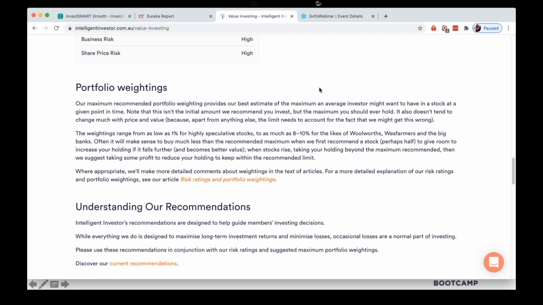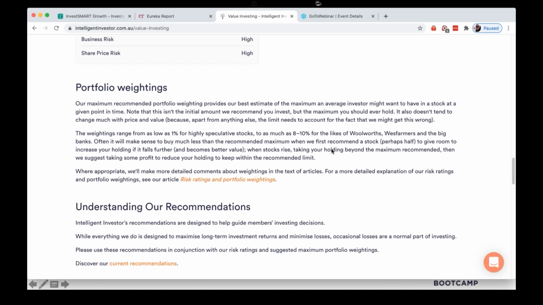So if you're someone perhaps who has a portfolio split up across different kinds of investments, you may want to rejig it, and you may want to halve it, for example. I think they even say it here. It says often it makes sense to buy much less than the recommended maximum when we first recommend a stock, perhaps half, to give room to increase your holding if it falls further and becomes better value.